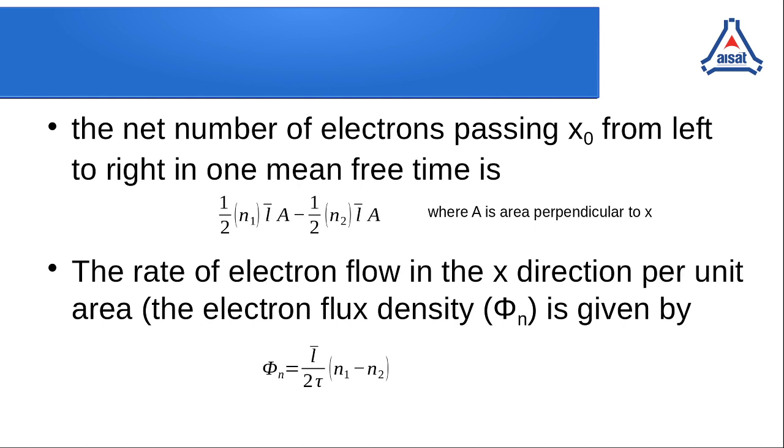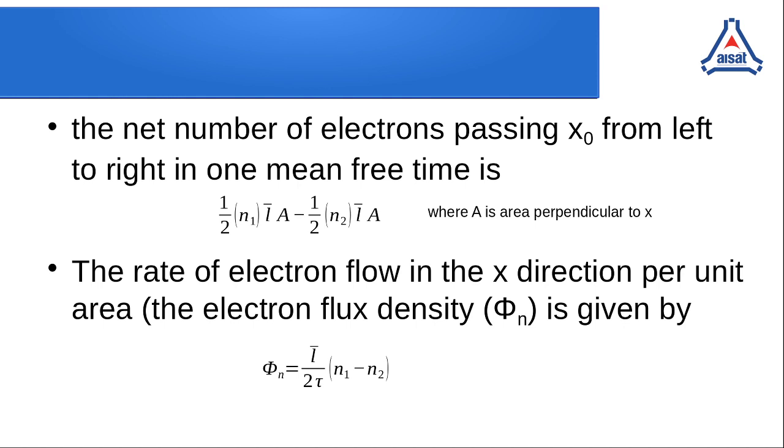Another equation that we should understand is the electron flux density. The electron flux density is given by phi n is equal to L bar by 2 tau into n1 minus n2.